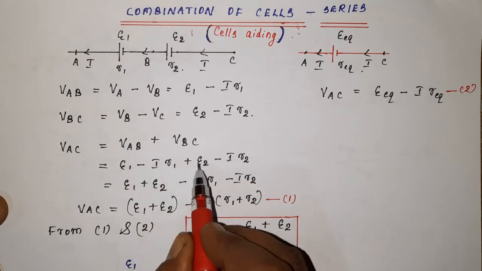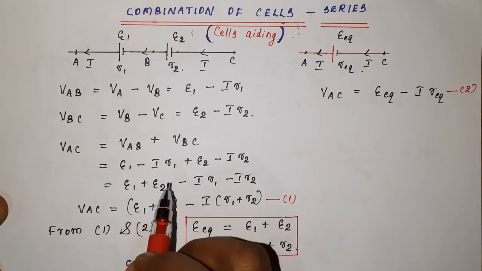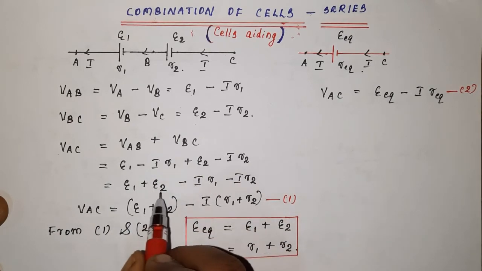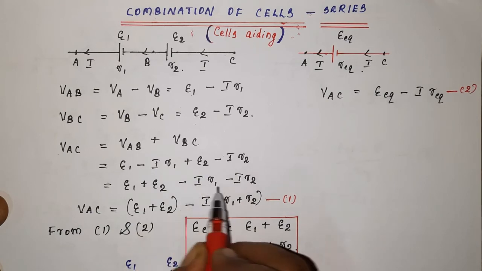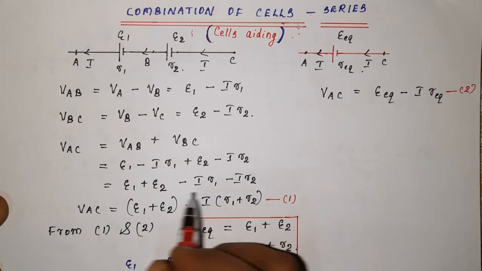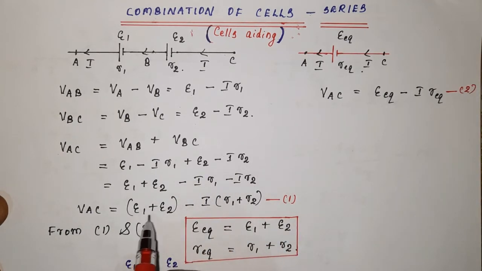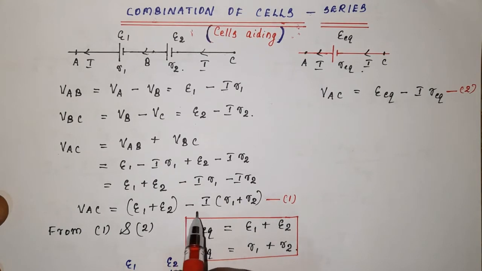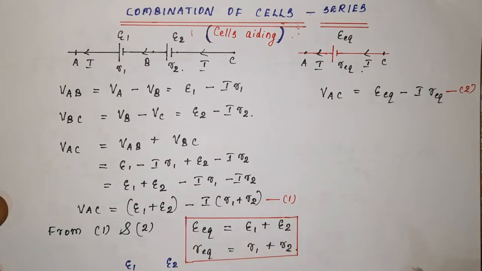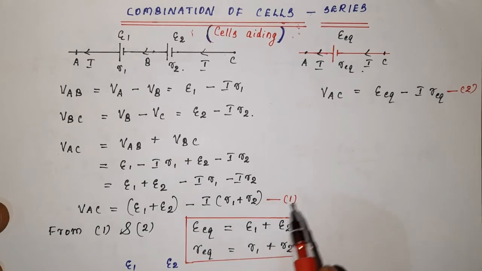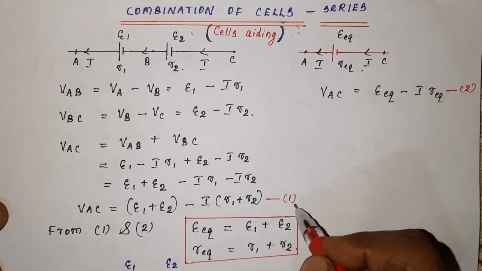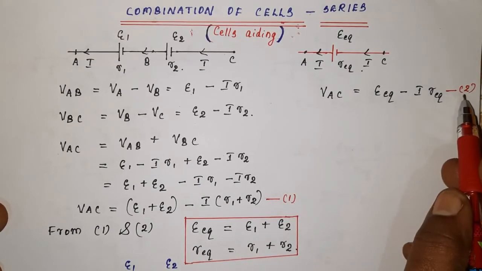Now write the similar terms together. So we have epsilon 1 plus epsilon 2 minus IR1 minus IR2, that is equal to epsilon 1 plus epsilon 2 minus I into R1 plus R2. This equation we call 1 and this 2.